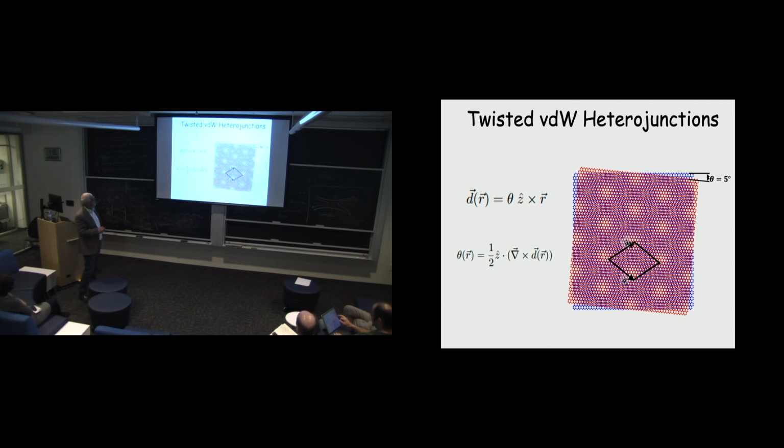For example, if I have a fixed blue honeycomb crystal in back, and on top of it a red crystal rotated by a small angle theta, then near some position, the amount by which a lattice site has moved relative to the layer below it is proportional to how far you are from the axis of rotation.